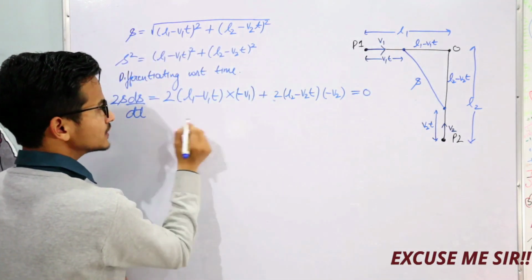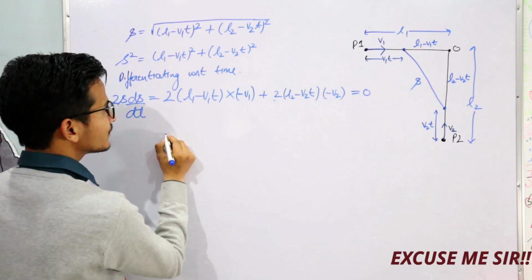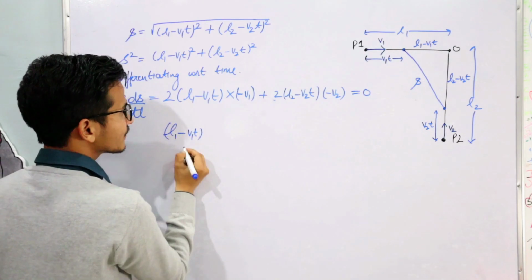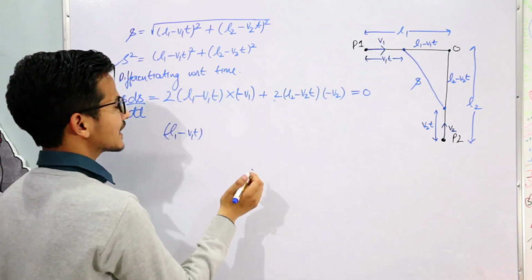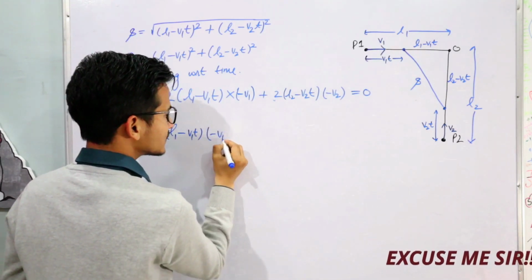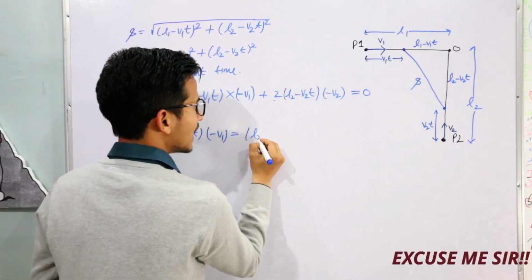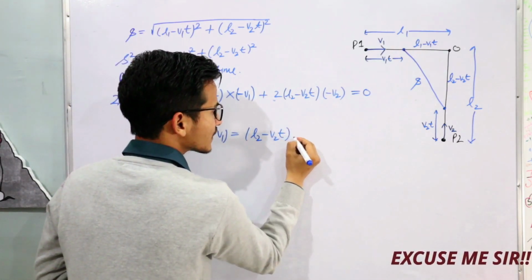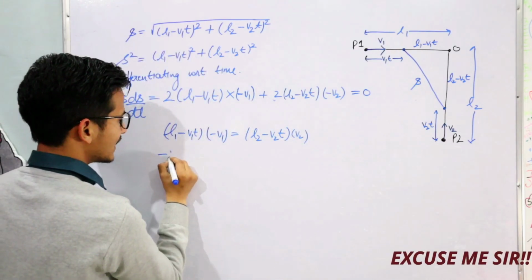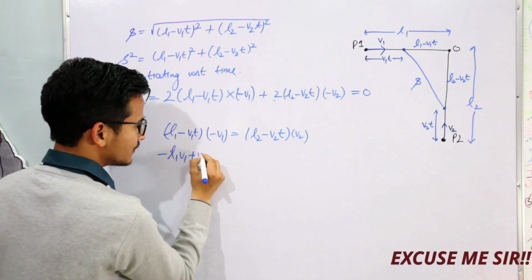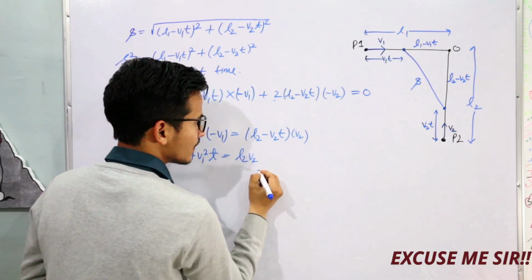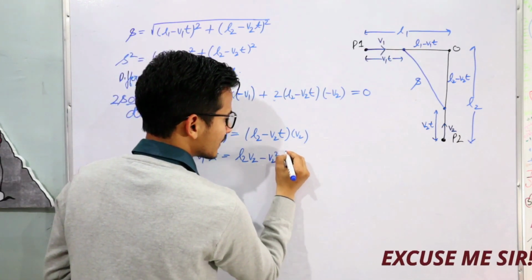On simplifying, the minus signs cancel out. We get L1 minus v1t times v1 equal to minus L2 minus v2t times v2. On simplifying, we get L1 v1 minus v1 square t is equal to L2 v2 minus v2 square t.